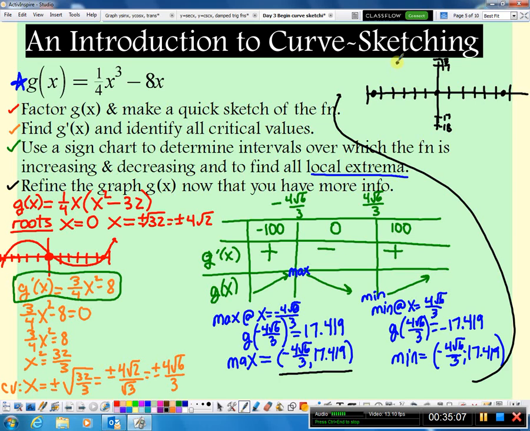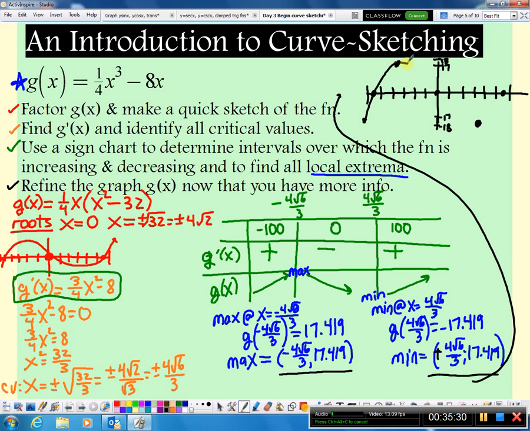And then this point here is positive 3.3, comma negative 17. So you plot those points very, very specifically, and then you make your graph.